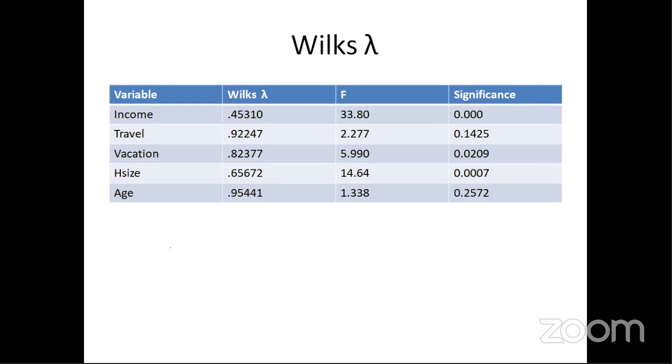So here, if you are taking income, travel, vacation individually, then you cannot see the role of this travel and age because the significance of Wilks lambda for travel and age are not significant. So this is the interpretation of Wilks lambda. Whenever you are conducting any research using discriminant analysis, in the results and discussion, you have to give the explanation of the Wilks lambda.